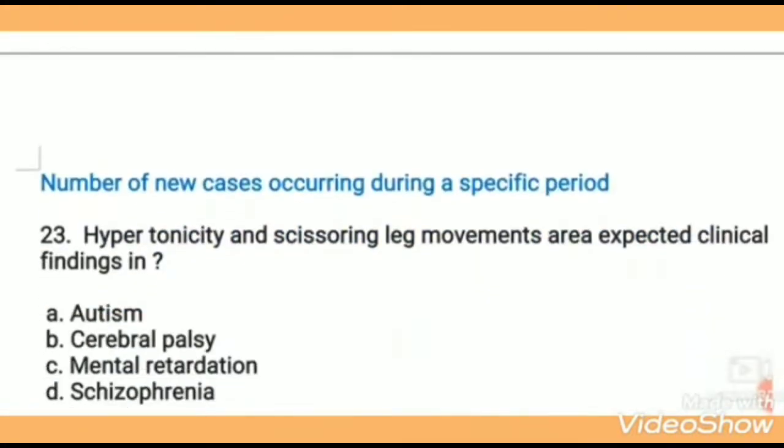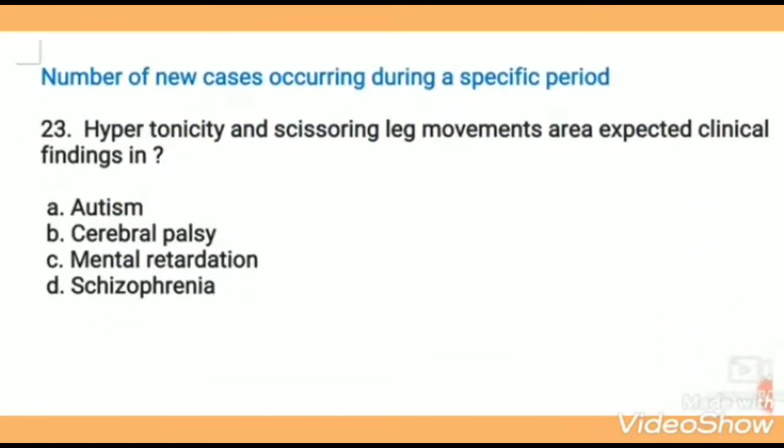Next question. Hypertonicity and scissoring leg movements are expected clinical findings in autism, cerebral palsy, mental retardation, or schizophrenia.